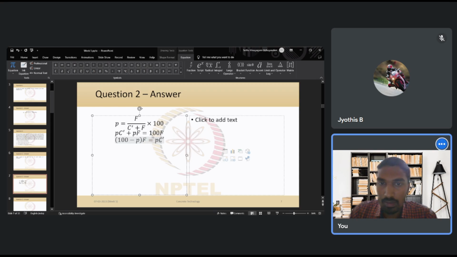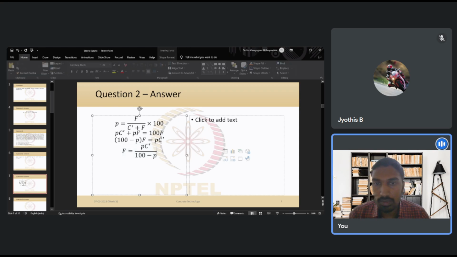Therefore F is equal to P C prime by 100 minus P. So this is the amount of fly ash in terms of a given proportion and the new cement content C prime.